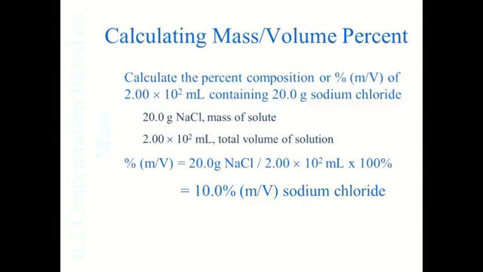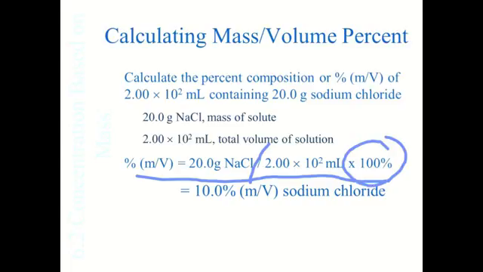What's the solute here? 20 grams of sodium chloride. Is the volume of the solution given? Yes, in milliliters, right? All you have to do is substitute those numbers. So the percent mass over volume is going to be 20.0 grams of solute divided by 2.00 times 10 to the 2 mL. Yes? And don't forget what? Times 100. So you get 10.0% M over V.